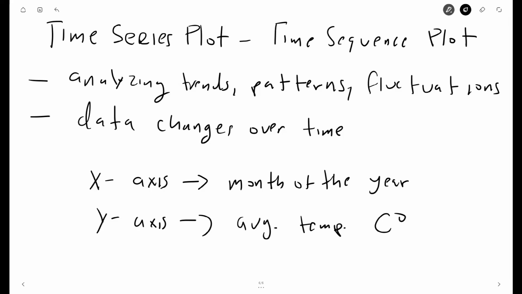Each point on the plot corresponds to the average temperature for a specific month, and these points are connected by a line to illustrate the trend over time.